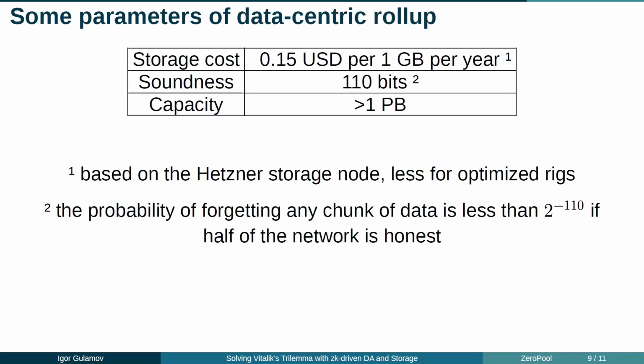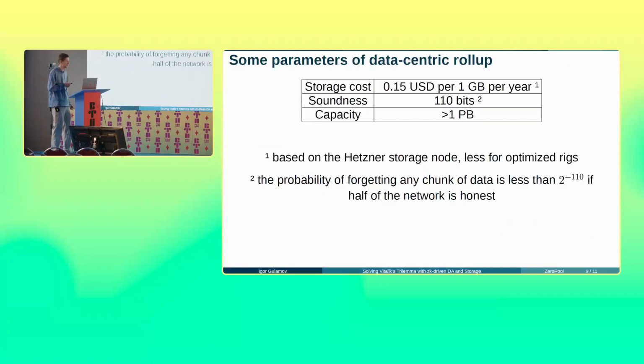Here are some parameters of such a rollup. The capacity is more than 1 petabyte. The soundness is more than 110 bits. That means that if half of the network is malicious, then the data could be lost with probability two to the power of minus 110, a very low number. And the cost, if the node is a Hetzner node, is 15 cents per gigabyte per year.